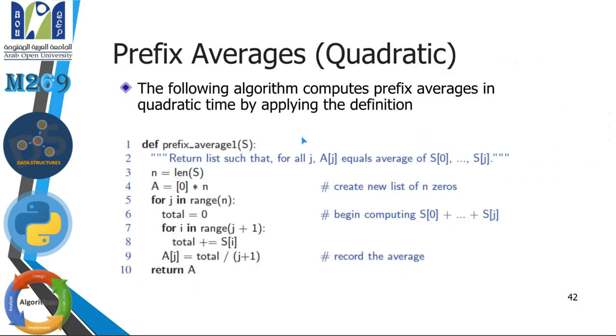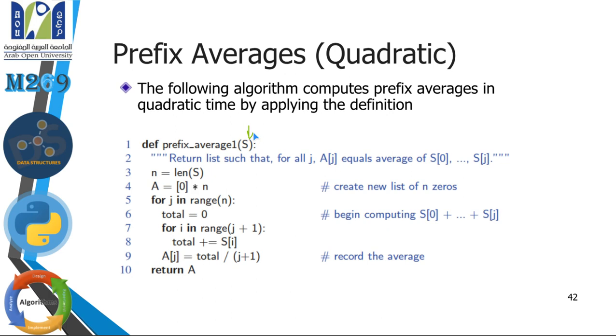Okay. Now, this is a function. It's called prefix average 1, which takes an argument S. Look at this code. This is actually a very bad design of the code.